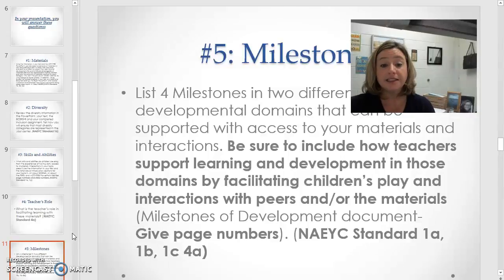So when you're putting together your milestones, make sure that at least 2 different domains are met in your particular center. For instance, if you have the book center, then obviously you could find 2 milestones in the blue section, which is language and literacy, but you also need to find standards from other domains as well, because you certainly don't want your centers to be one-dimensional.